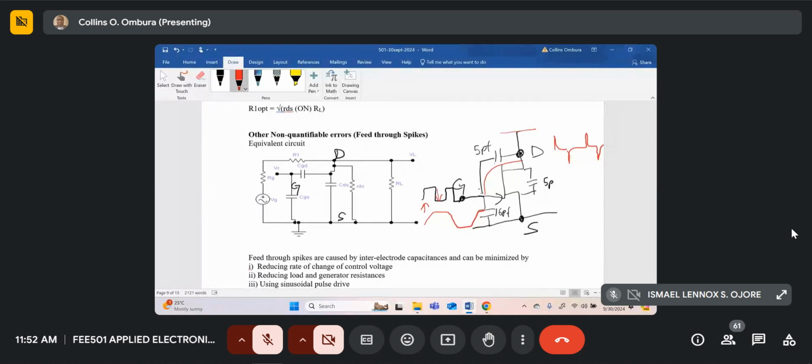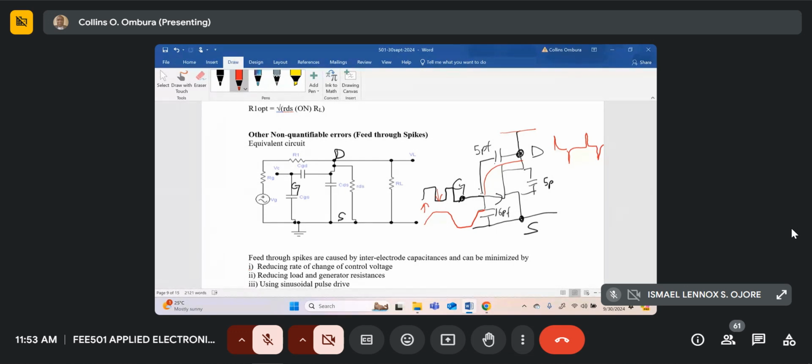Because remember, this square or rectangular waveform, if you take the Fourier transform, can be considered as having lots of frequencies. If we add all those frequencies in their correct phases, we get this rectangular waveform.